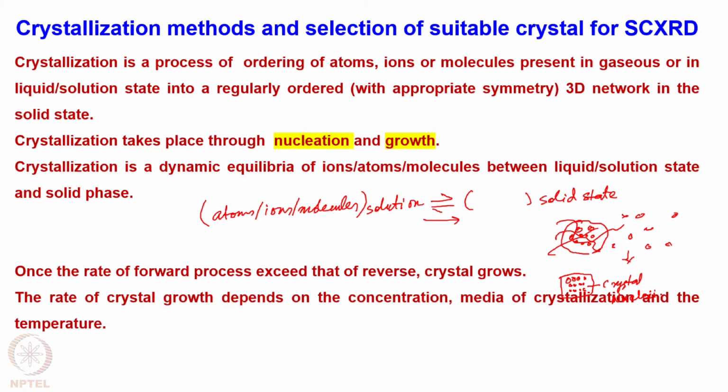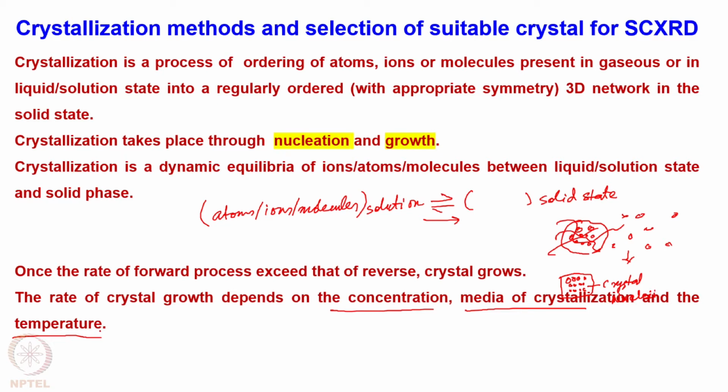So the rate of crystal growth depends on various factors like the concentration, the media of crystallization, and the temperature of crystallization. So higher the concentration of solute, faster is the crystallization process. Depending on what kind of media we have, how these atoms, ions or groups of atoms or molecules interact with the media.